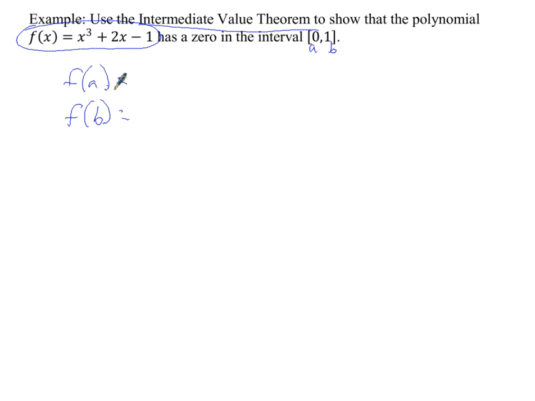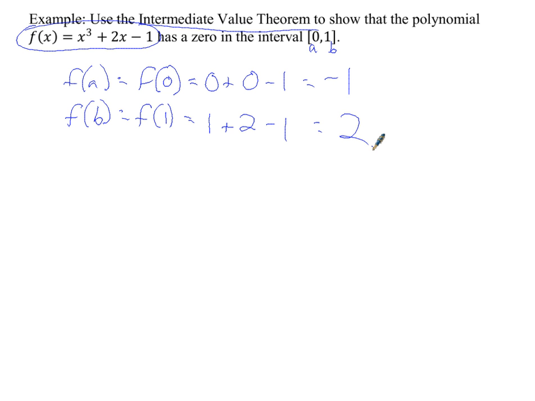So f at A will be f at 0. So I get 0 plus 0 minus 1, which is negative 1. F at B will be f at 1, and I get 1 plus 2 minus 1 equals 2.